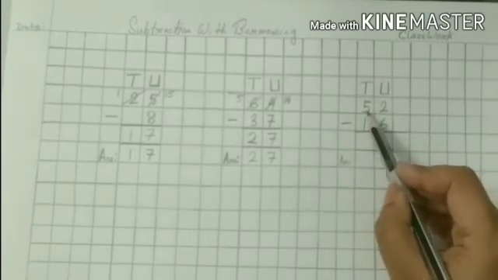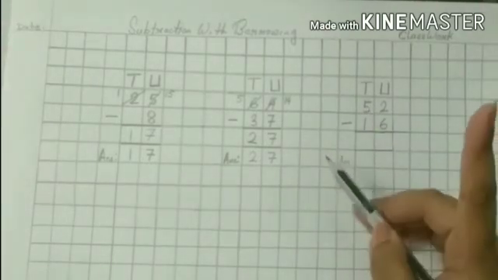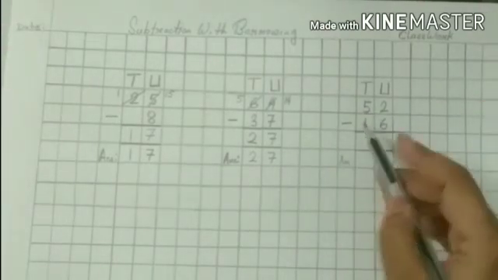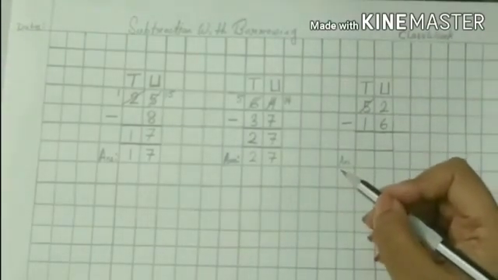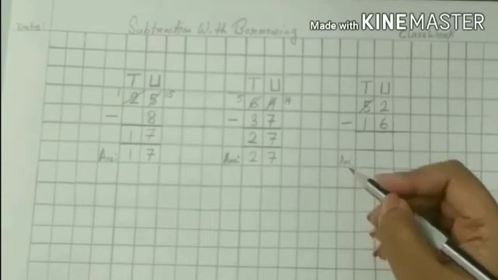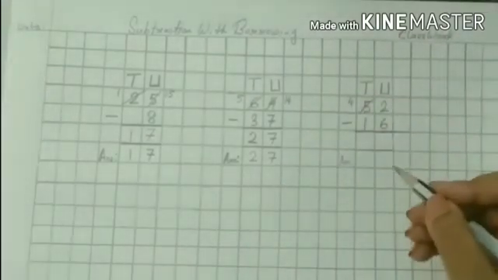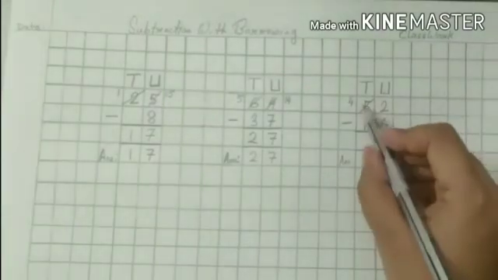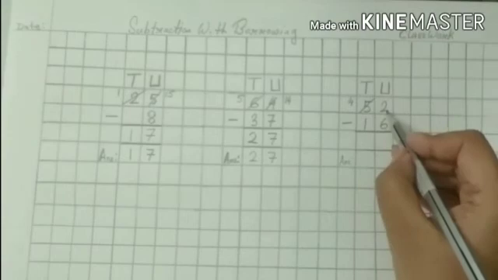Here we find we have 5 tens. So let's take away 1 ten from 5 tens. So if I take away 1 ten from 5 tens, I will have in hand how much? 4 tens. Alright. This 1 ten that I borrowed from the tens column, I will add it to the units column.